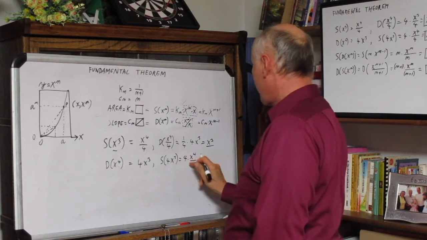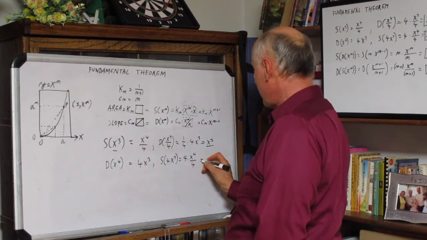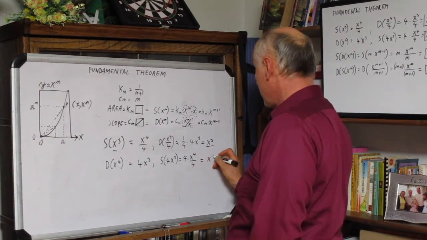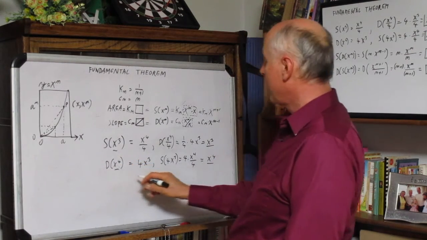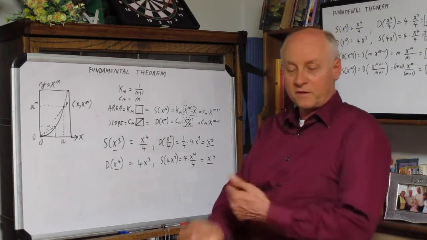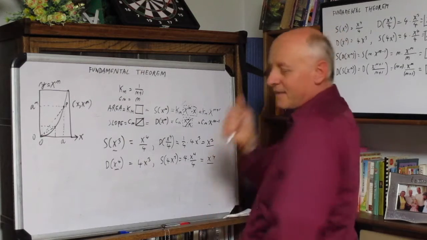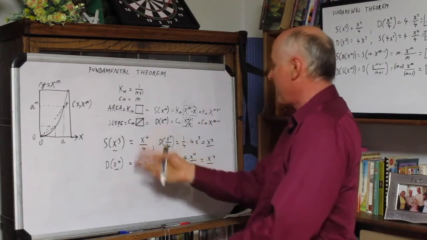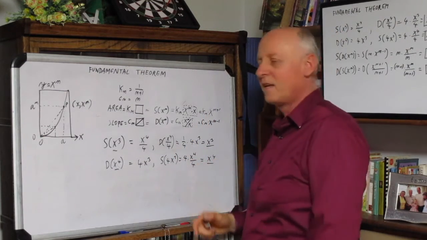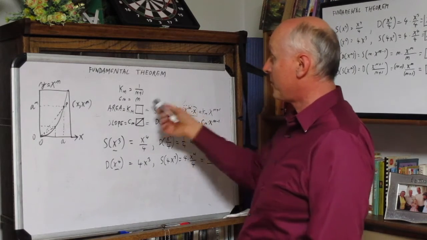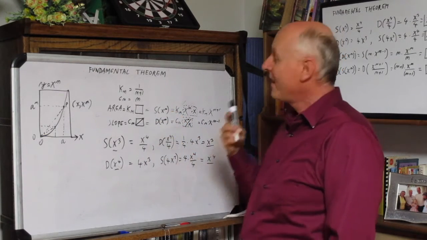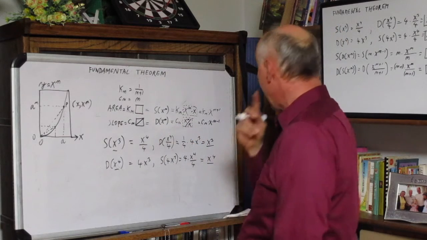And that 4 cancels the 4 on the bottom, and you end up with x to the 4th. So we started out with x to the 4th, and we end up with x to the 4th. The two functions completely cancel each other out, and you end up with the original function. So it's an inverse operator. These box operators are inverses.